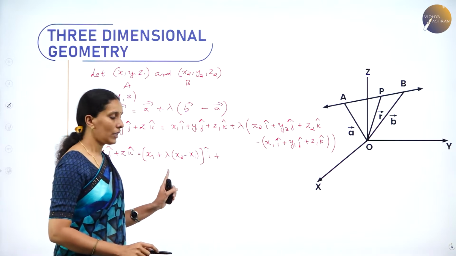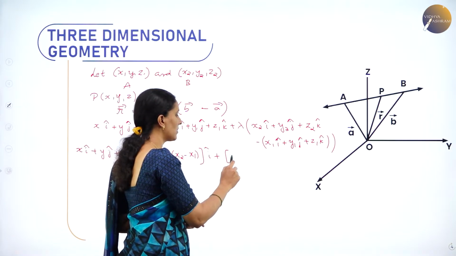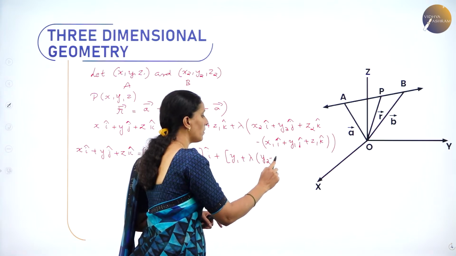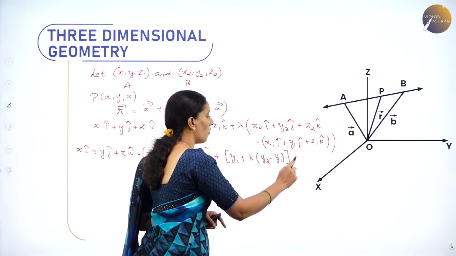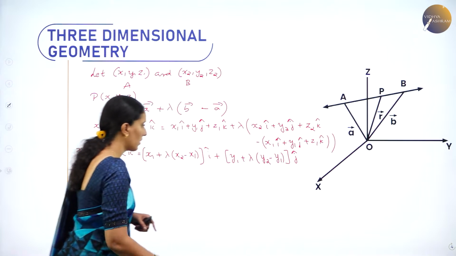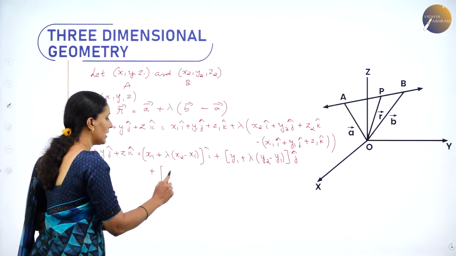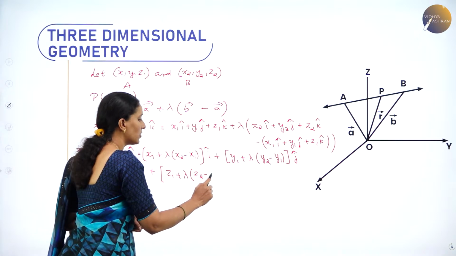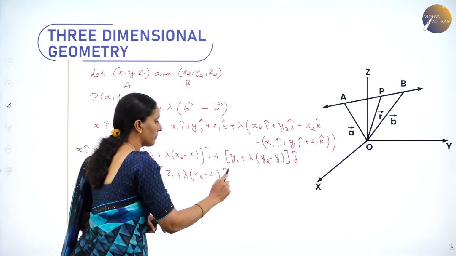So, the same thing we will get for y components, that is y1 plus lambda into y2 minus y1 for component j. Next, the same thing for z, that is z1 plus lambda into z2 minus z1 k.